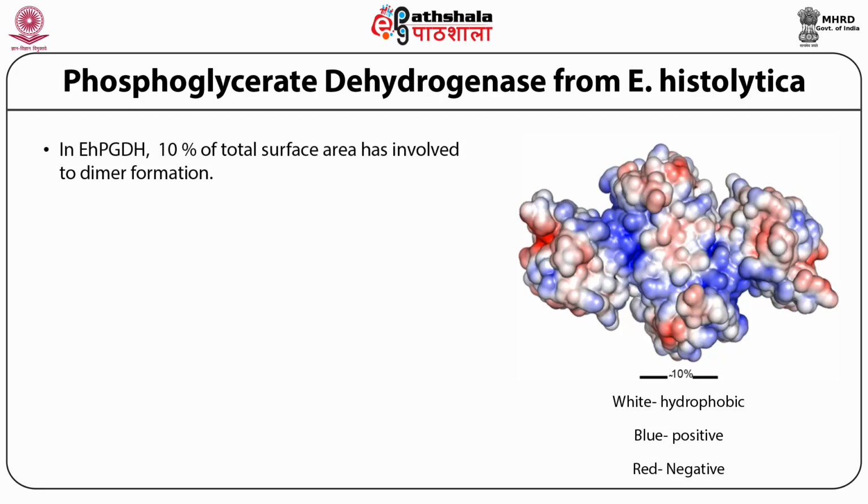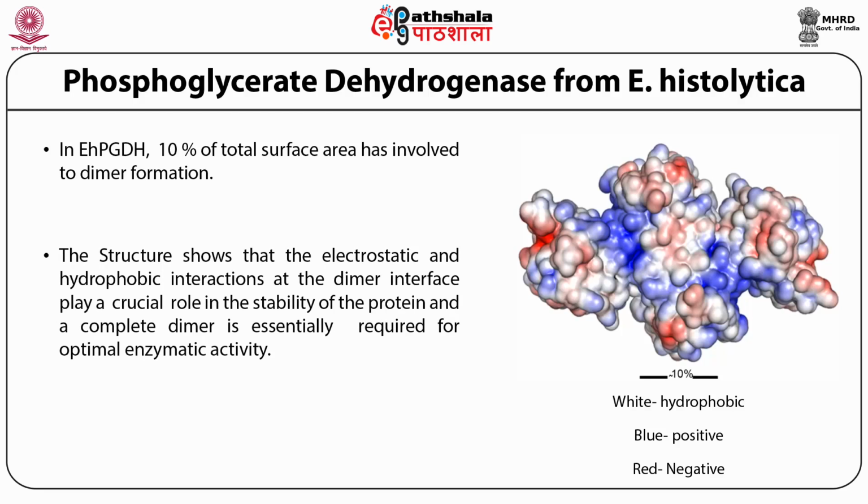In this structure, 10% of the total surface area is involved in the dimer formation. The structure shows the electrostatic and hydrophobic interactions at the dimer interface play a crucial role in the stability of the protein, and the complete dimer is essential for optimal enzymatic activity. If we disturb the dimer, these enzymes become non-functional. As I said before, the hydrophobic interactions in the center are the dominating ones which stabilize the dimers very strongly.